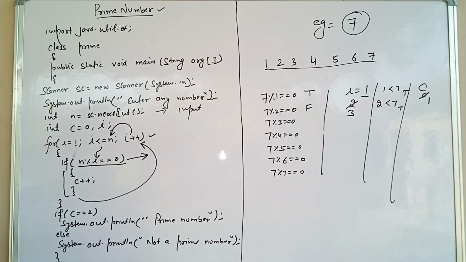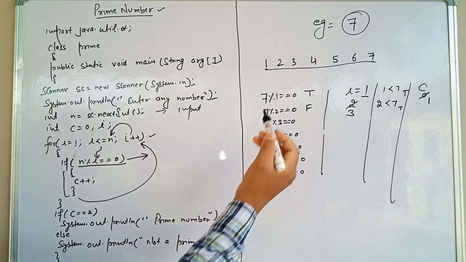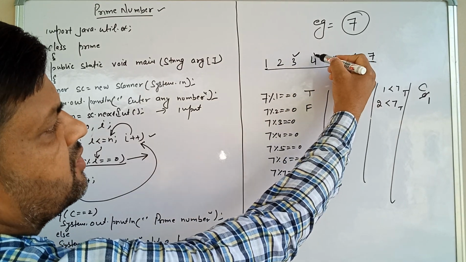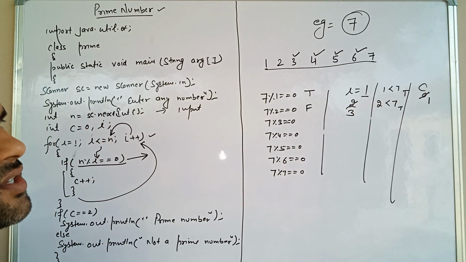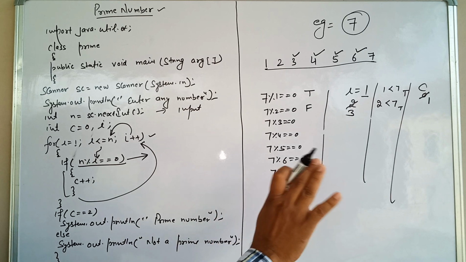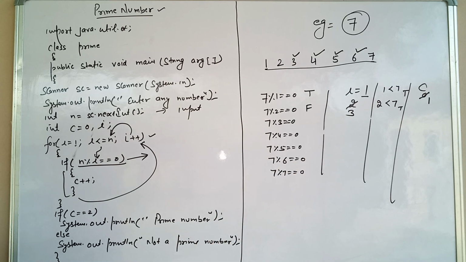Now you can see that with 3, 4, 5, 6, with all these 4 values, 7 is not divisible. So every time this condition will give false.